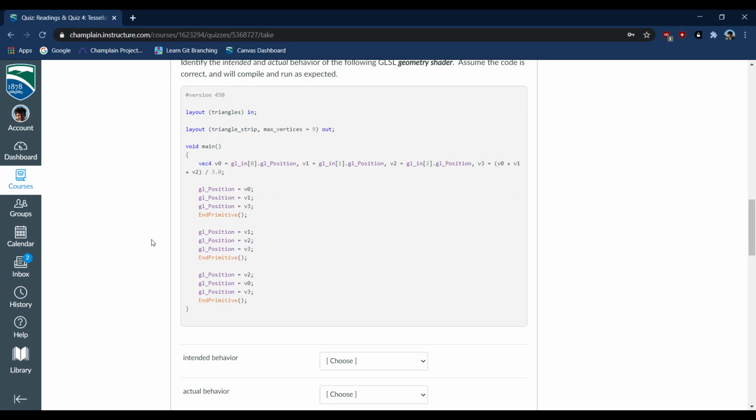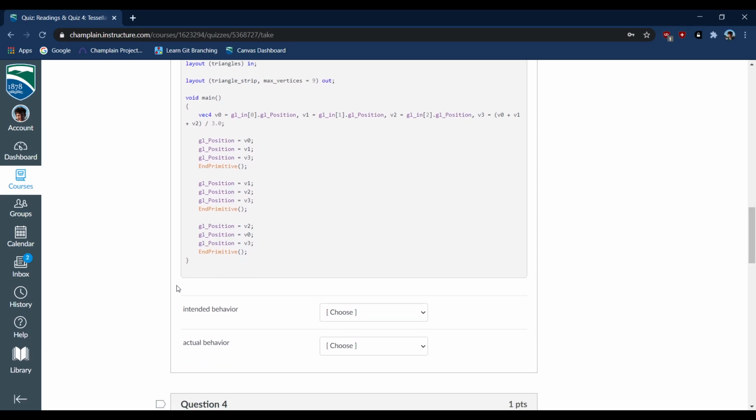Identify the intended and actual behavior of the following geometry shader. Assume the code is correct and will compile and run as expected. gl_Position equals V0, V1, V3, V1, V2, V3, V2, V0, V3. I'm assuming it was probably supposed to make 3 different triangles, I feel like.